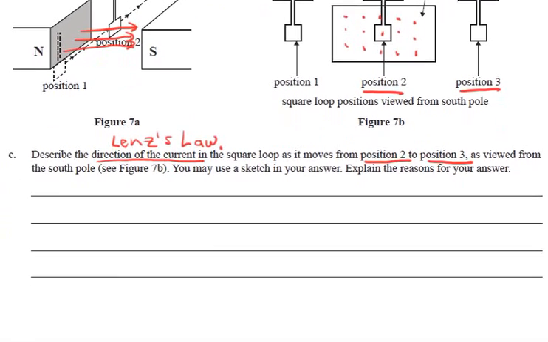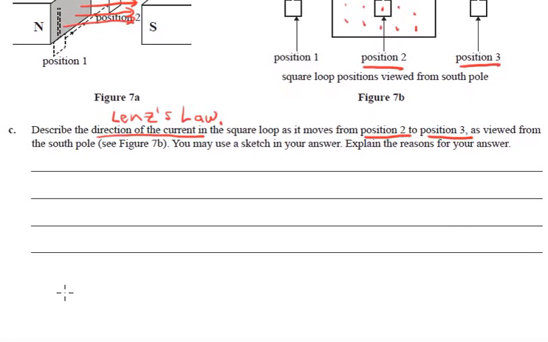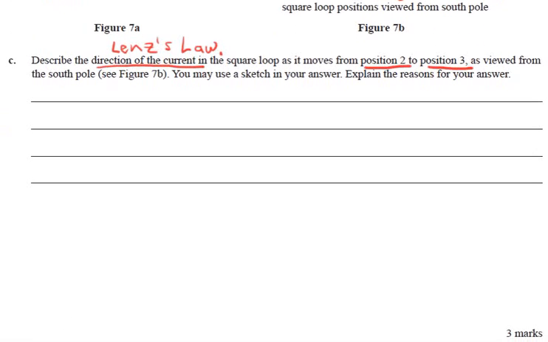So Lenz's law is something along the lines of: a loop will produce a current which will give rise to a magnetic field which will oppose the original change in flux. Now again, that sounds very complicated, so I like to simplify it, and maybe you might want to simplify it as well by having something like this on your cheat sheet, which I'll write down the bottom of the question and I'll cross out afterwards because the examiners might not like it too much, but it's my translation of Lenz's law.